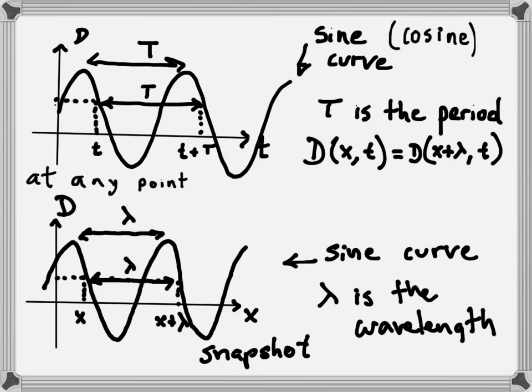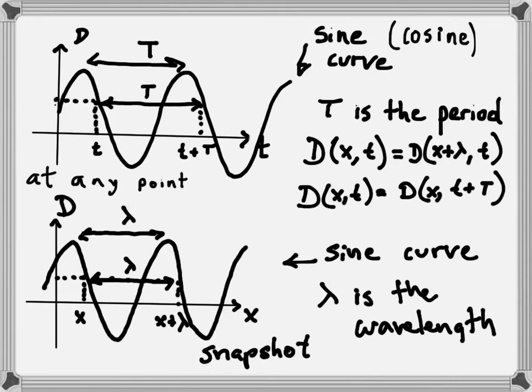So that's a fancy way of saying that the sinusoidal traveling wave repeats itself over a distance of lambda meters. But it also repeats in terms of time. After T seconds, any point on the rope is back to whatever it was doing before.